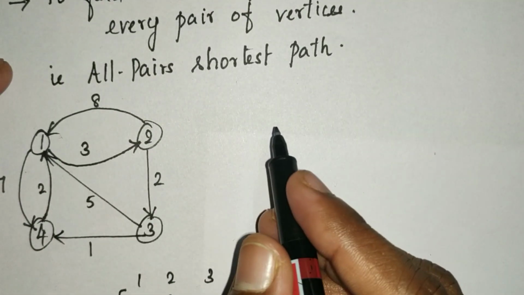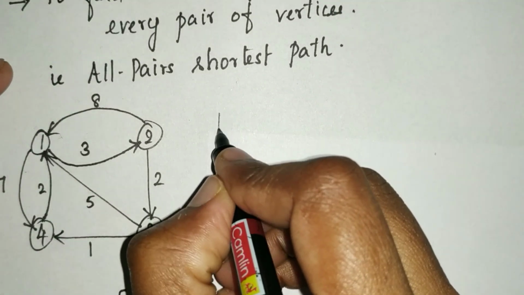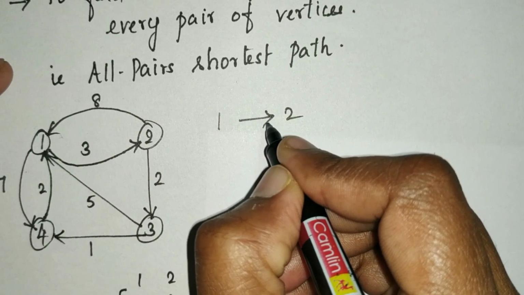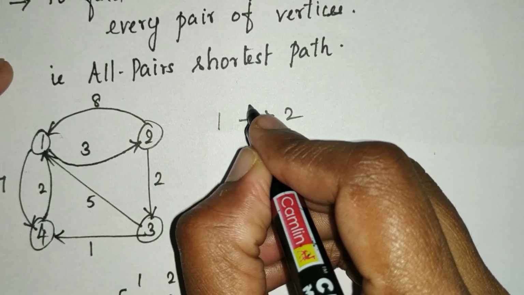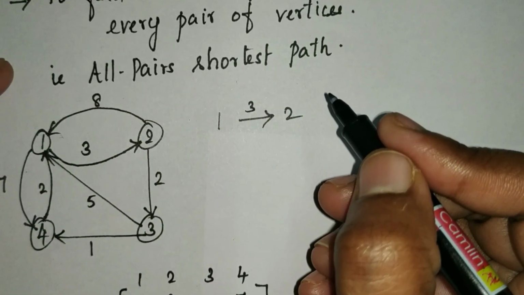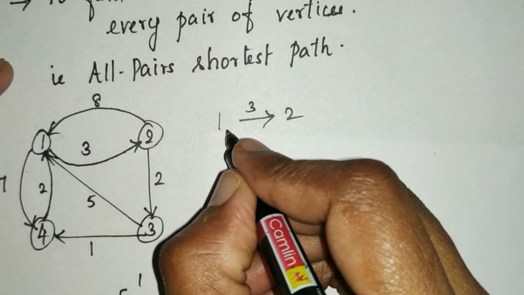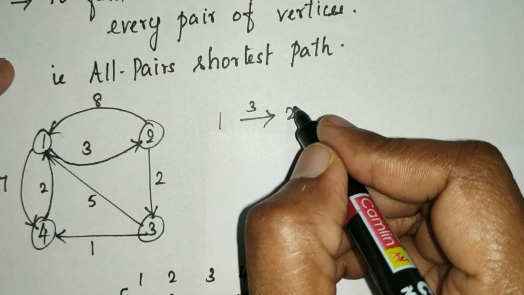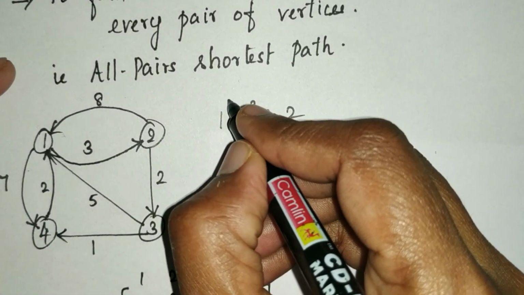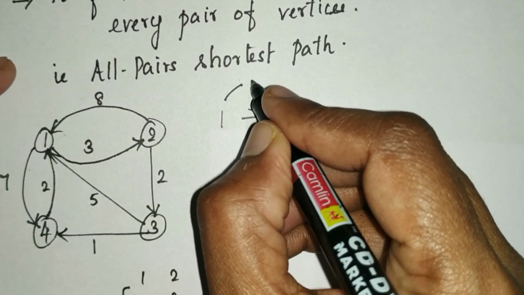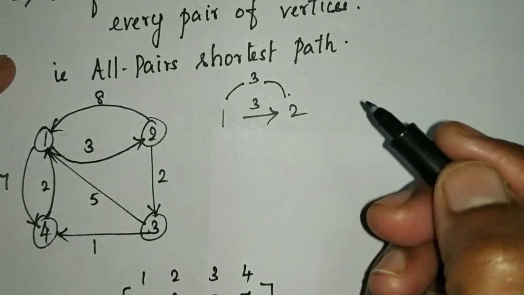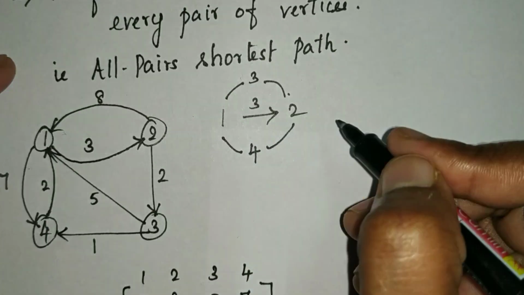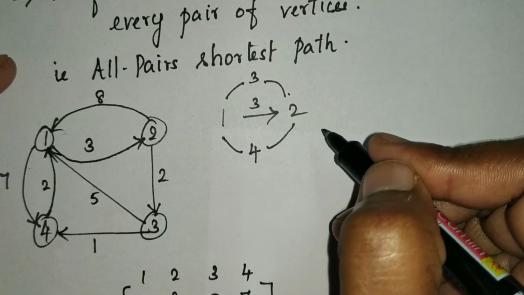For example, from vertex 1 to 2 there is an edge cost of 3, but here there is a direct edge from 1 to 2, but every time it will not be there. There may be a shortest path that goes through 3 and then to 2, and maybe it goes through 4 and reaches 2 with the shortest path.